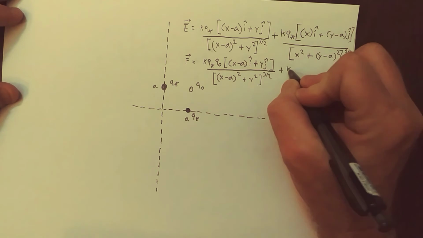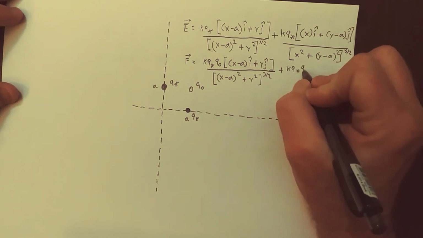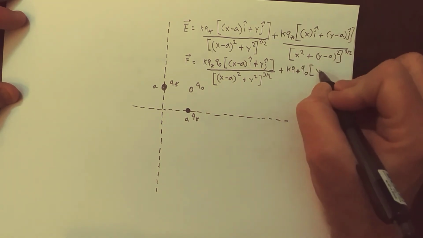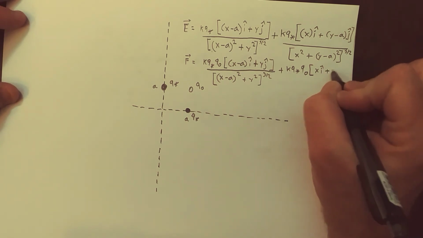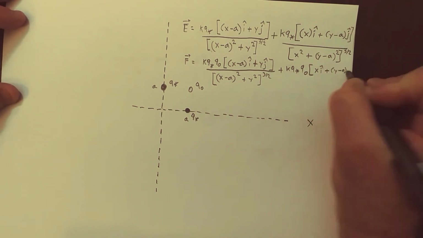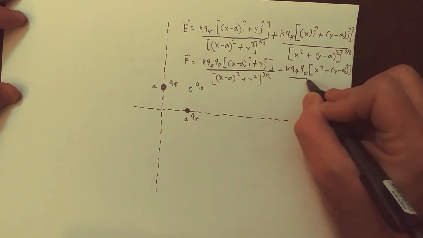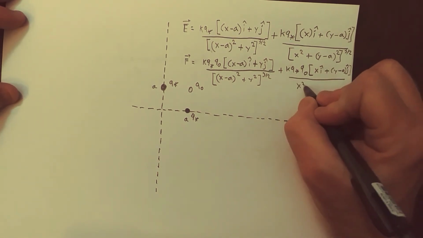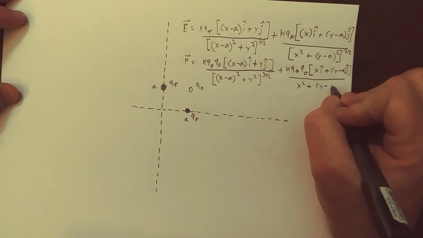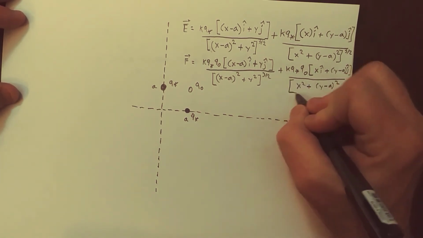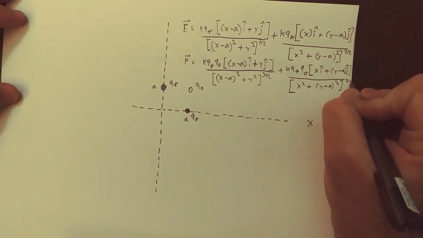The first term and the second term have k q star q naught times x i hat plus y minus a j hat over x squared plus y minus a squared to the 3/2.